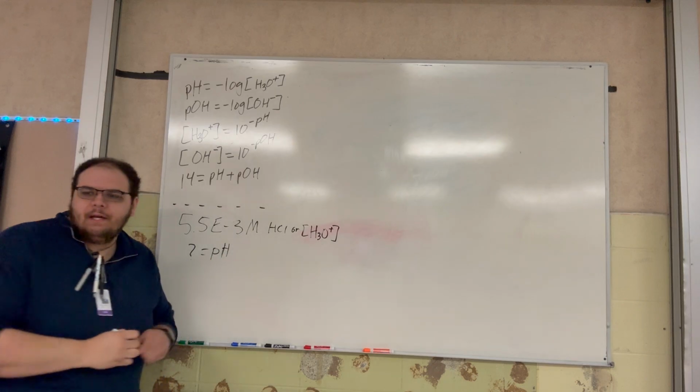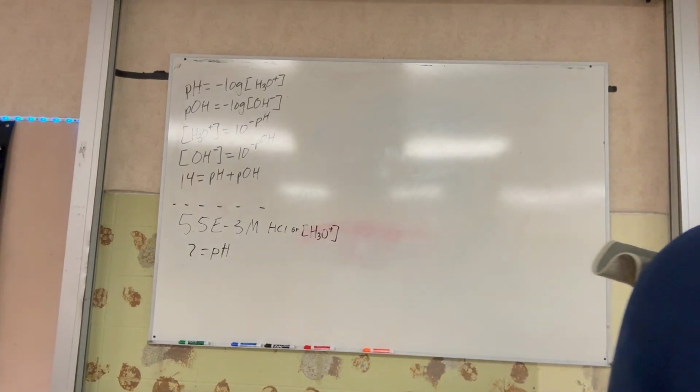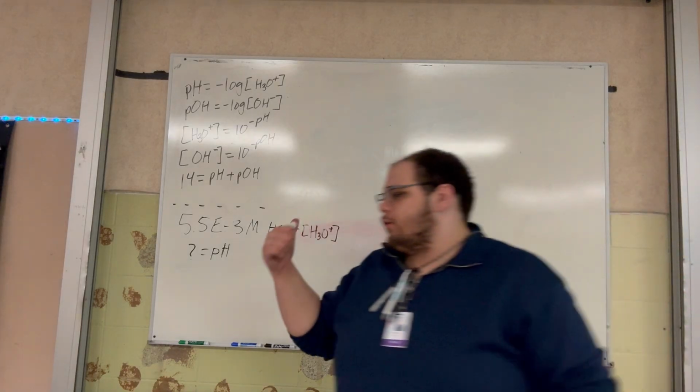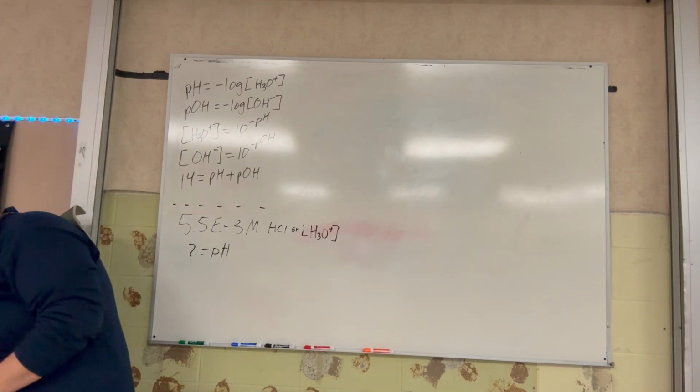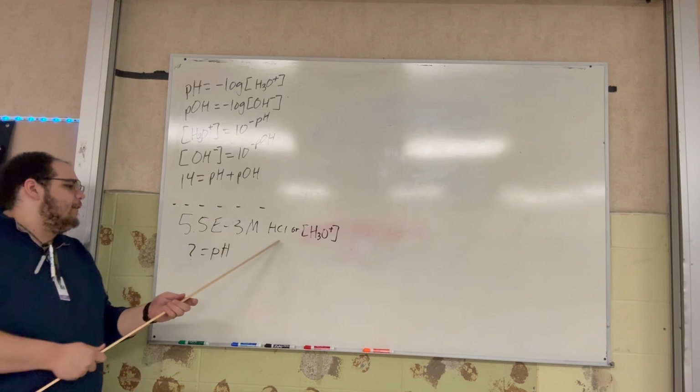Hey, think for a moment. pH and hydronium, are those two things directly related or not related? Look, pH, imagine that was hydronium. Are they together or not together? They're together, which means life is easy. It means we only need to do one of these 5 equations up here. We have hydronium.